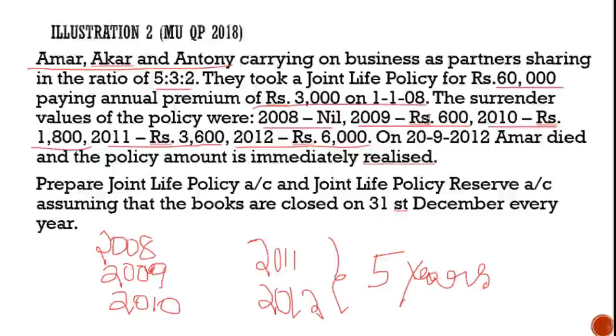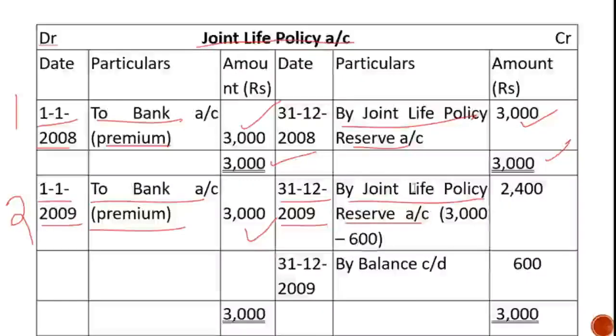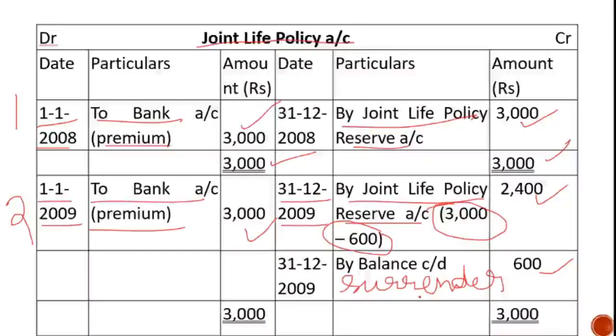Surrender value for 2009 is given as 600. So from the annual premium amount, you deduct the 600. So we get 2400. So the remaining is the surrender value. So surrender value at the end of the second year is 600.